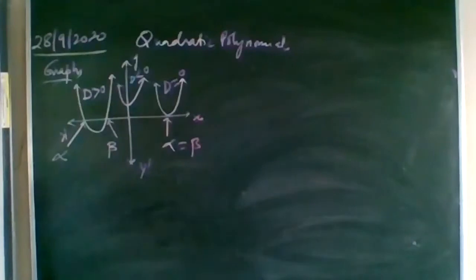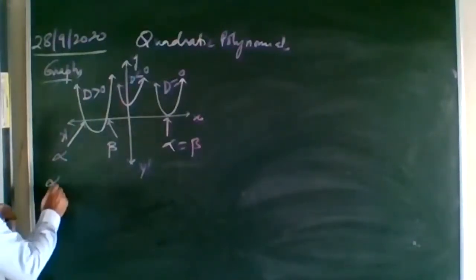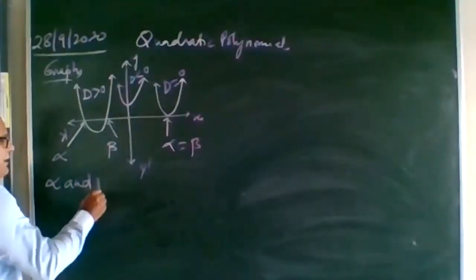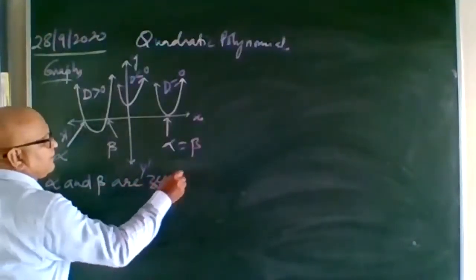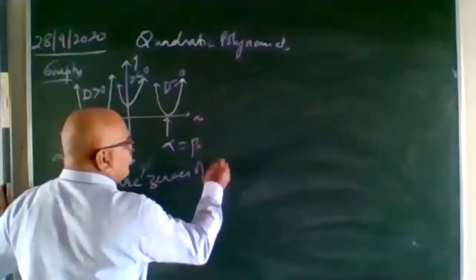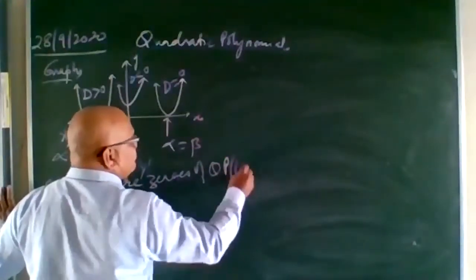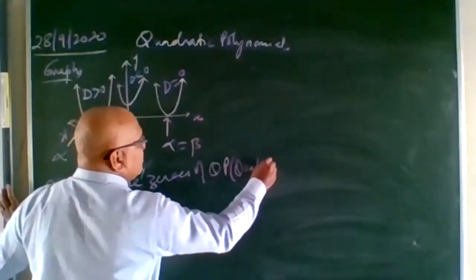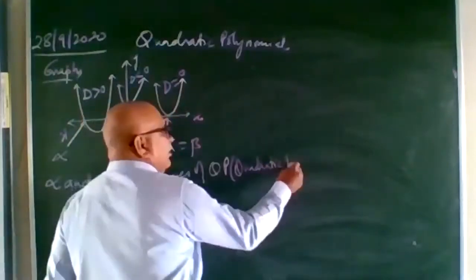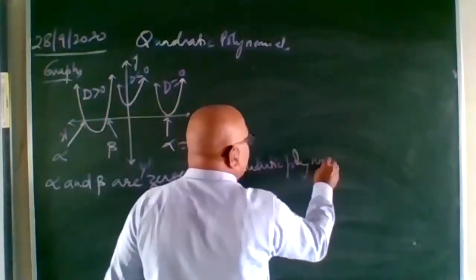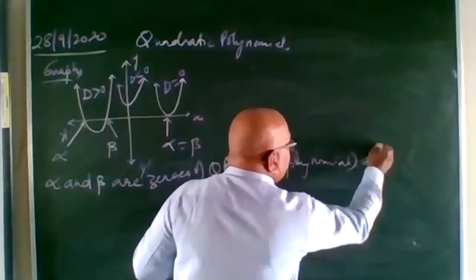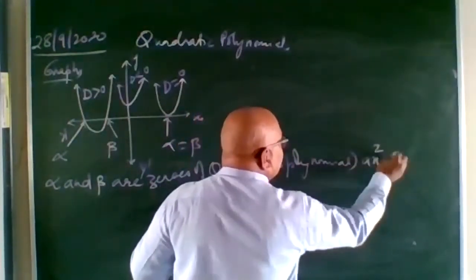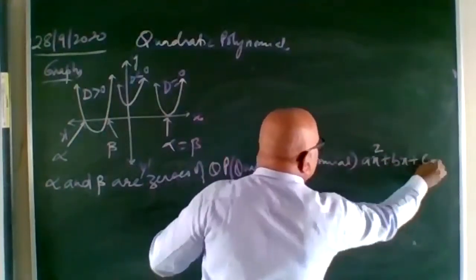Now alpha and beta are zeros of the quadratic polynomial ax square plus bx plus c.